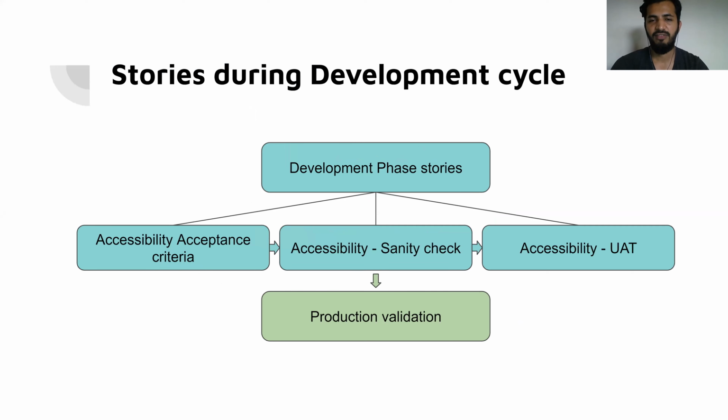Next slide, I have added another diagram that includes the development cycle stories, starting with accessibility acceptance criteria provided for the development team from accessibility engineering to accessibility sanity check, and ending with accessibility user acceptance test. Once the stories for the development phase are done, that's when the content moves to production, and then accessibility engineering plays a role on that as well by doing accessibility production validation.